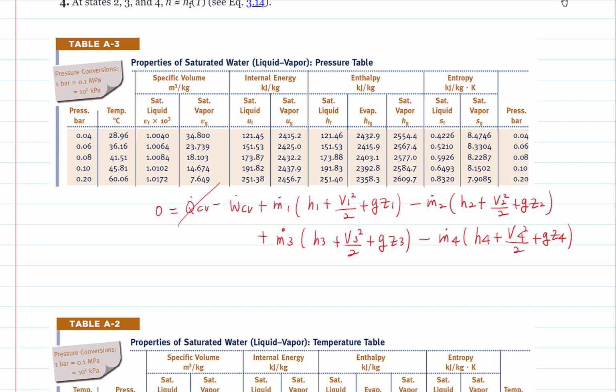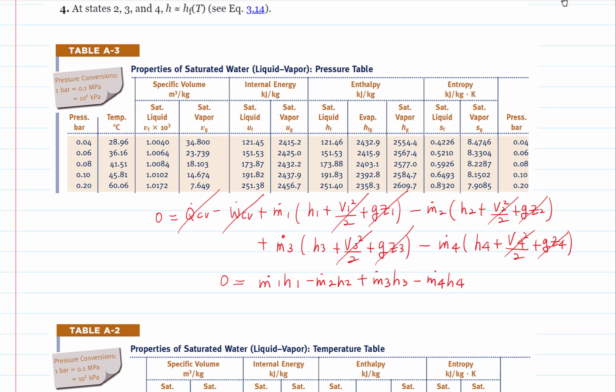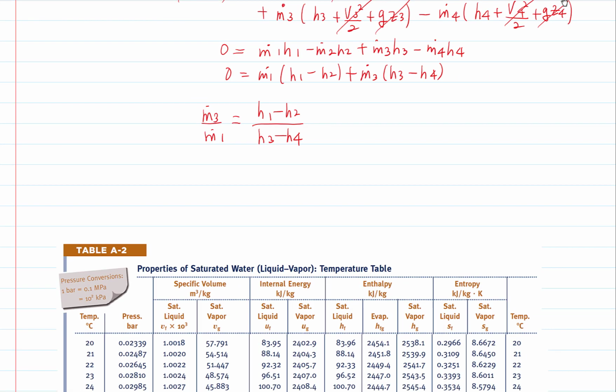There is no work involved in the condenser, so W dot drops out. The kinetic energy change and potential energy change are negligible. With M1 dot equal to M2 dot and M3 dot equal to M4 dot, we just need to determine the enthalpy at each location.